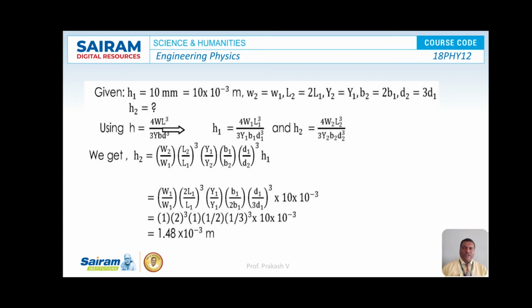So what is the value of h2 observed in the second cantilever? That is, for the same load applied, how much does the cantilever bend?